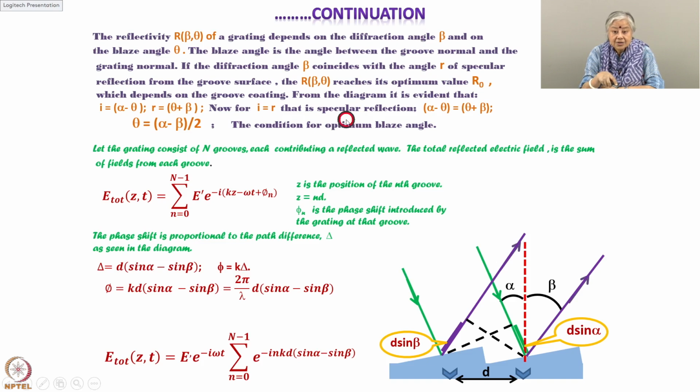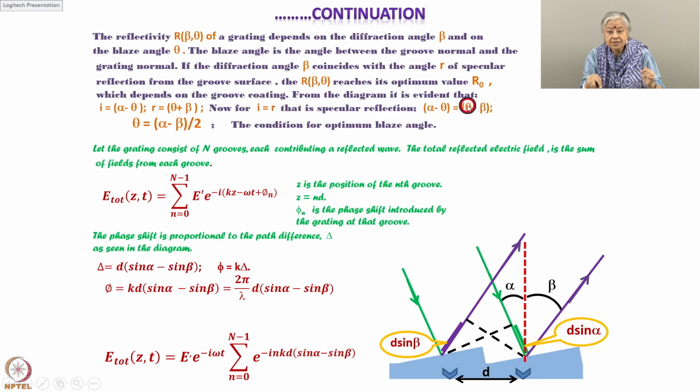From the previous diagram, it is evident that i is equal to alpha minus theta and r is equal to theta plus beta. Now, when i is equal to r, this is the usual rule of reflection: angle of incidence is equal to angle of reflection, for specular reflection.